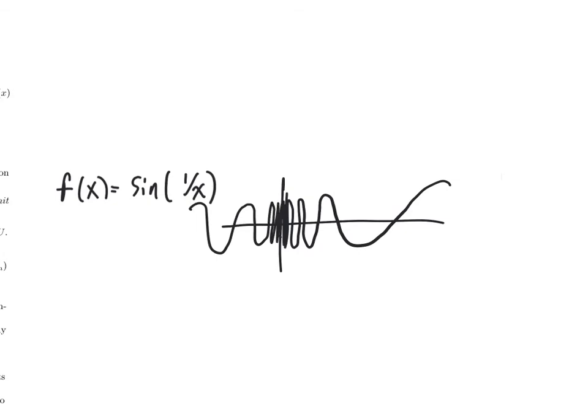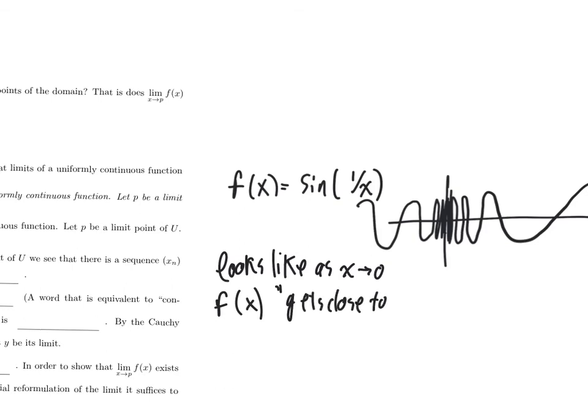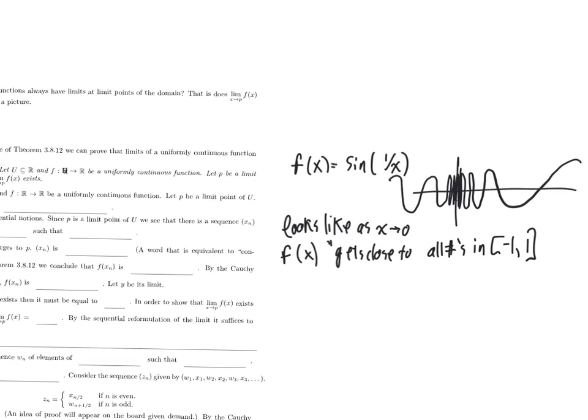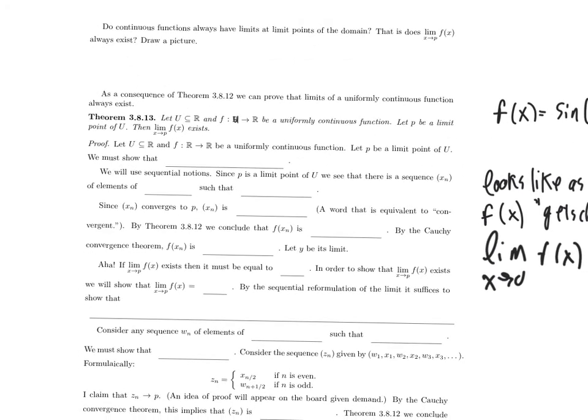As you take x values that get close to 0, f of x gets close to all numbers in [-1, 1]. So it's like the limit wants to be everything in that range. That's impossible, so all that means is the limit as x approaches 0 of this function f of x does not exist. So continuous functions definitely don't have that property given in theorem 3.8.13.